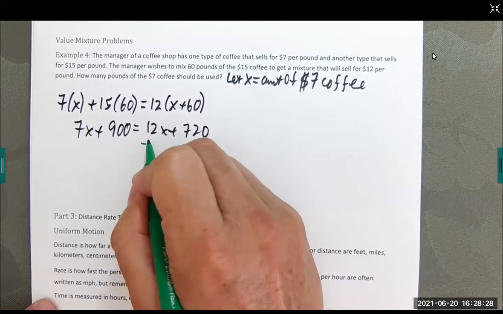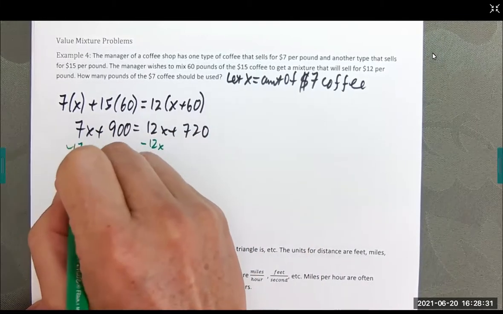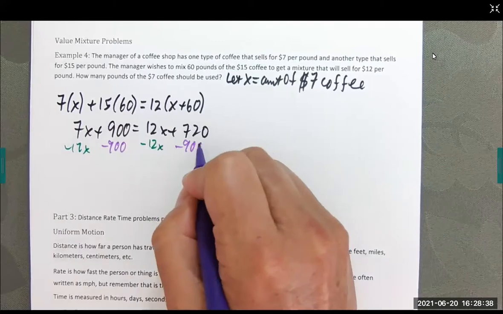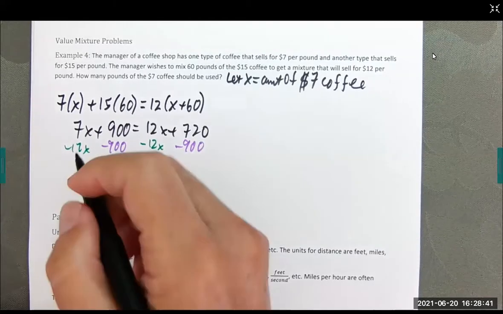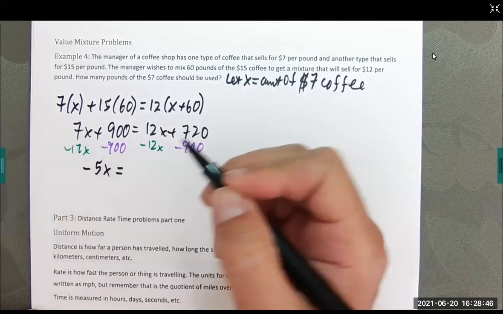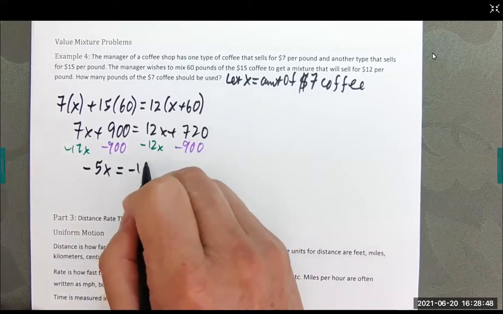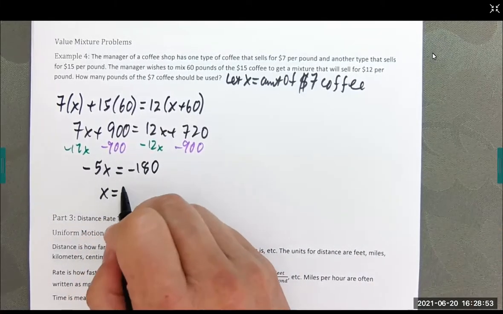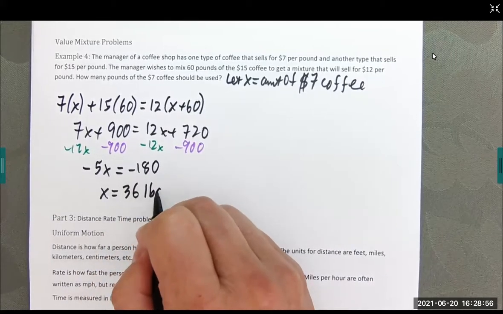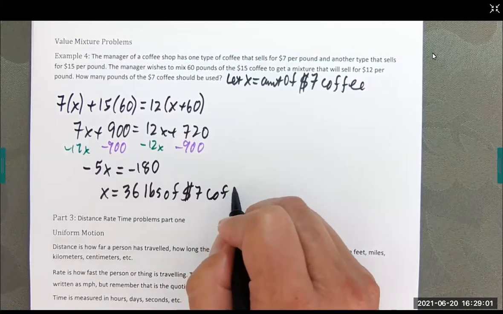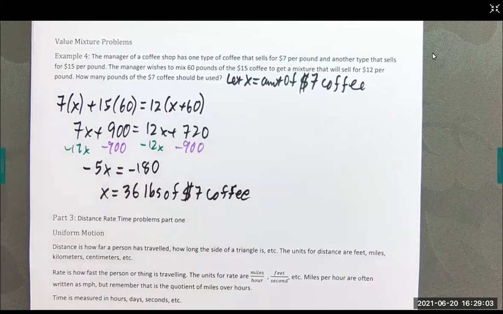You can move to the right, doesn't matter. 7x minus 12x is going to give me a negative 5x. And 720 minus 900 is a negative 180. When I divide both sides by 5, I get that x is 36 pounds of $7 coffee is needed.